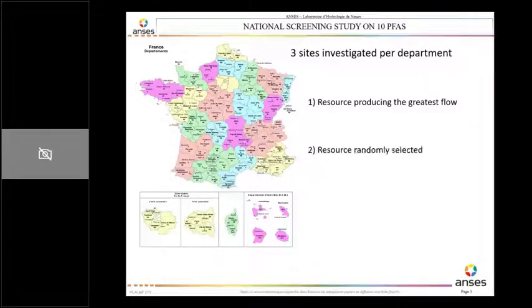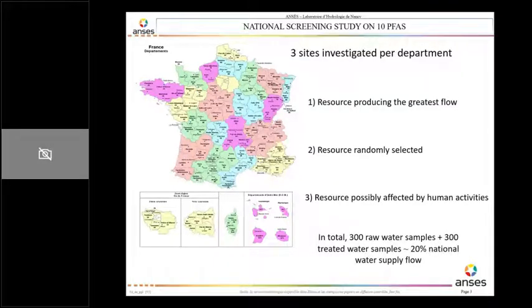The second site is randomly selected, and the third site is possibly affected by releases due to industrial or commercial activities, thus increasing the likelihood of detection of the targeted contaminants.